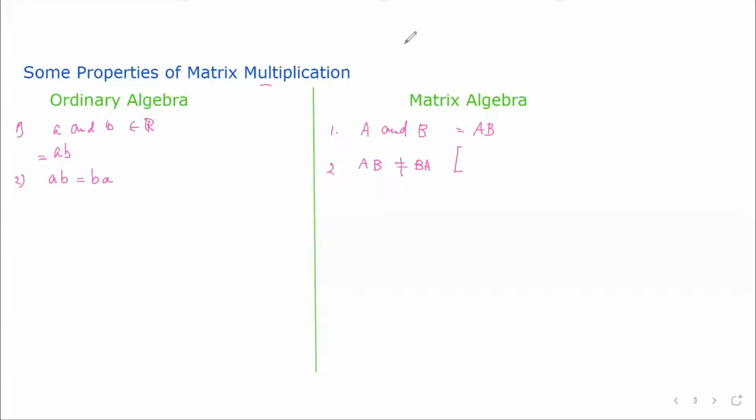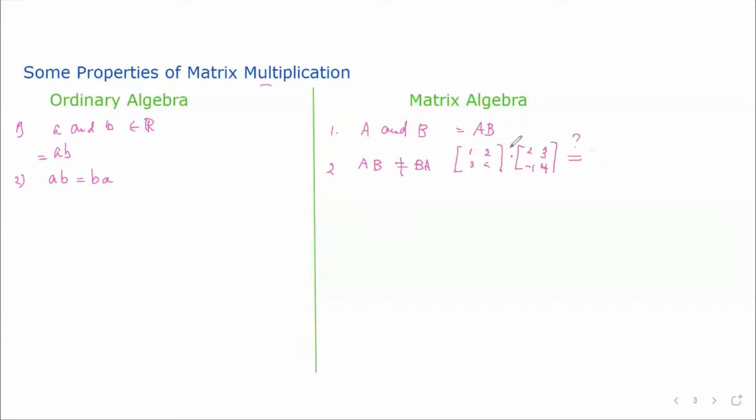Say A is 1, 2, 3, 4, and matrix B, maybe 2, 3, negative 1, 4, like this. If you have time, we're going to learn how to do the multiplication maybe next time.